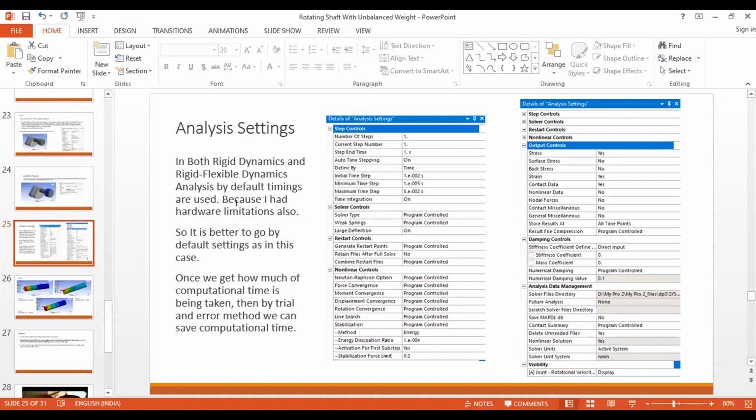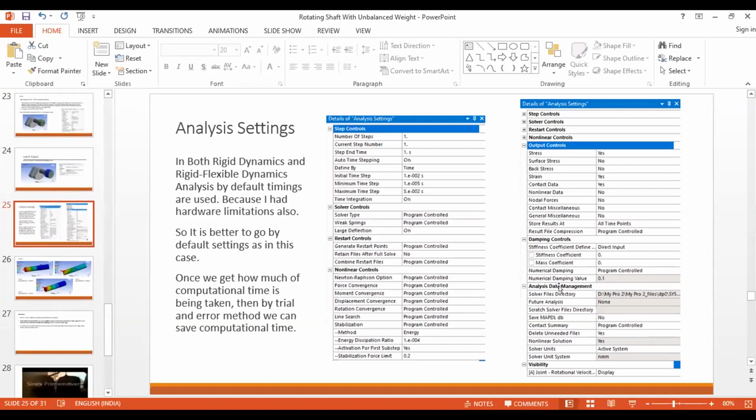So that's why this timing is very important. If you don't know what timing should be there, just go by the default timing, and you will get the idea of how much time is being taken. Then by trial and error you can manipulate the settings.